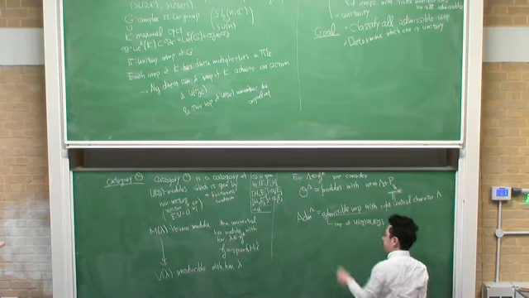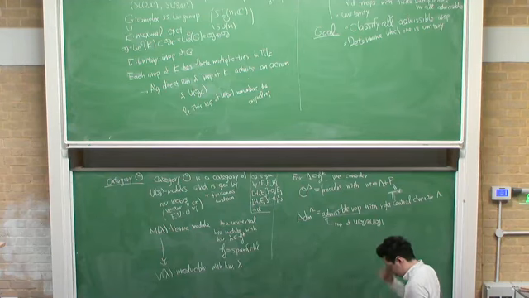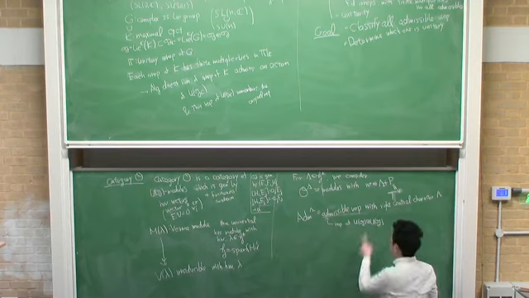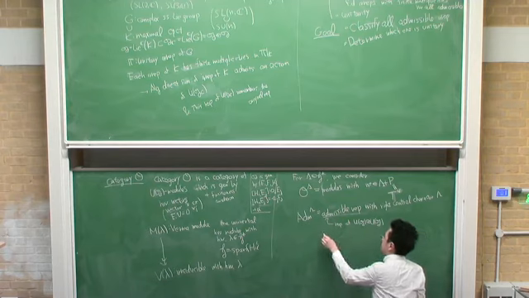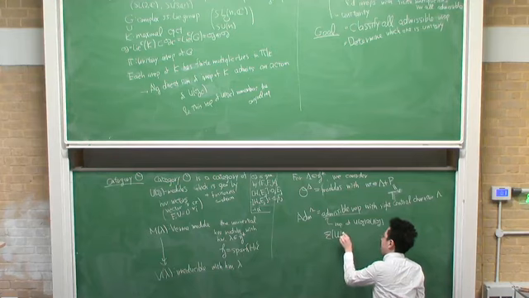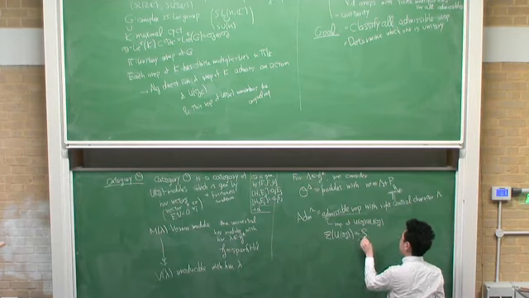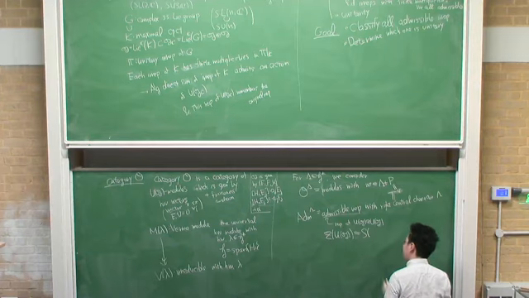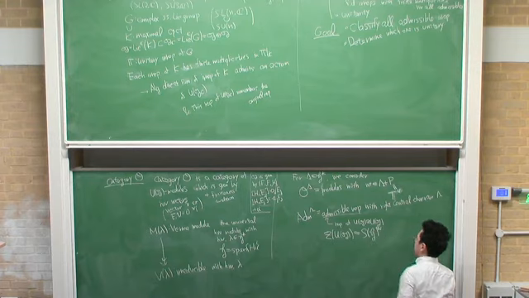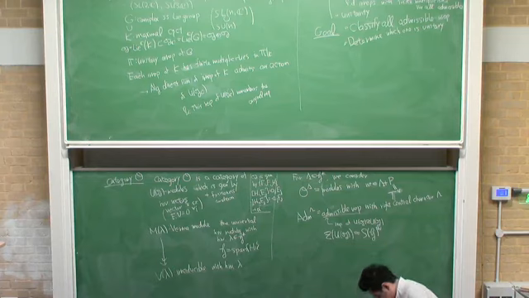But here, I think we know the center of this UG. If we compute the center, then this is known to be isomorphic to the symmetric algebra over H, with the Weyl group invariant part of this symmetric algebra.